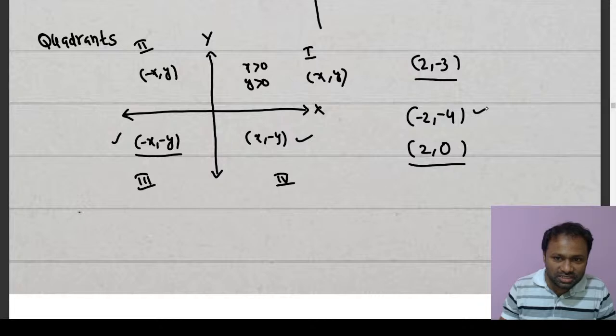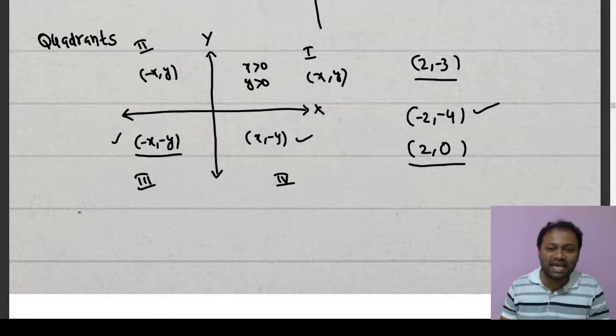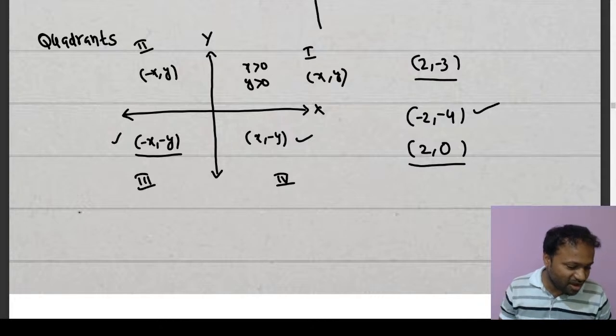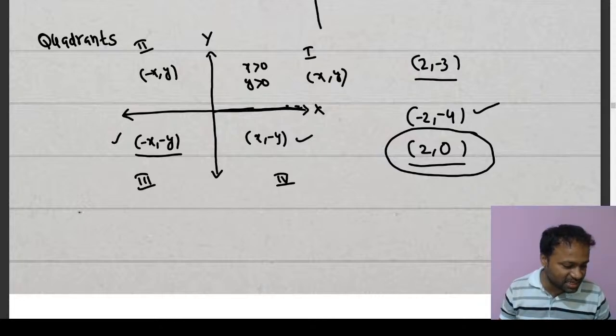I think you are talking about the point (-2, -4). Pooja said it is on the x-axis, and that is correct. It is not in the first quadrant. It does not lie in any quadrant. It lies on the x-axis.